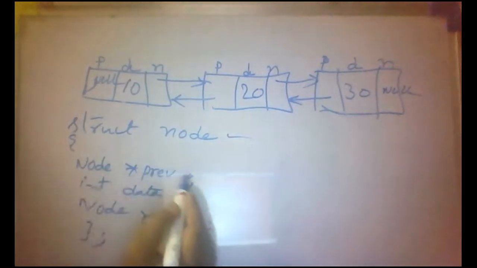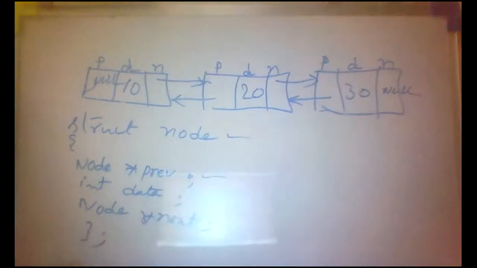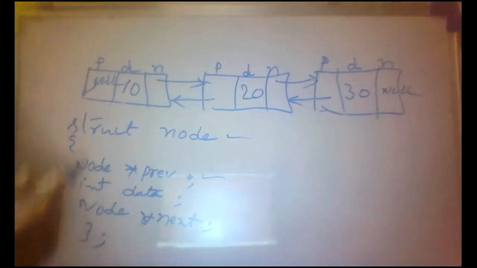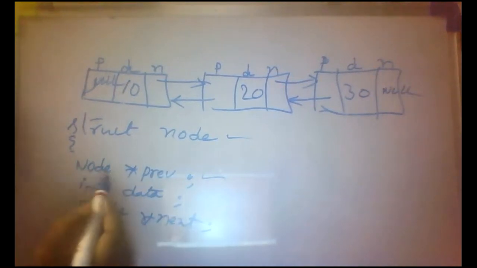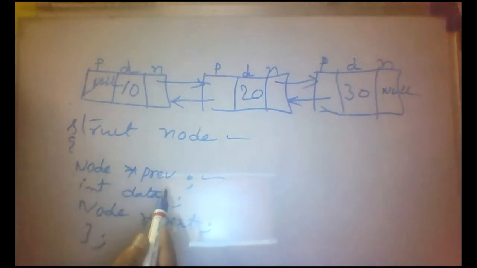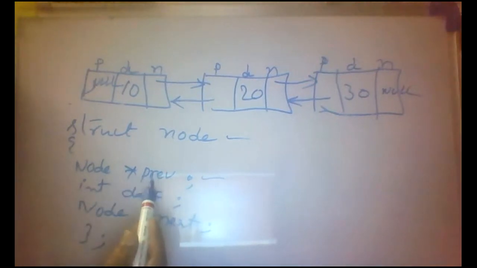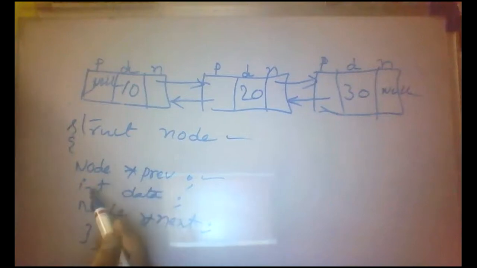Then node asterisk previous is a pointer variable. The data type is structure. Why does it take structure? It holds the address of another structure variable. That's why we should define it as a structure. Node previous is a pointer variable, it holds the address of the previous node.